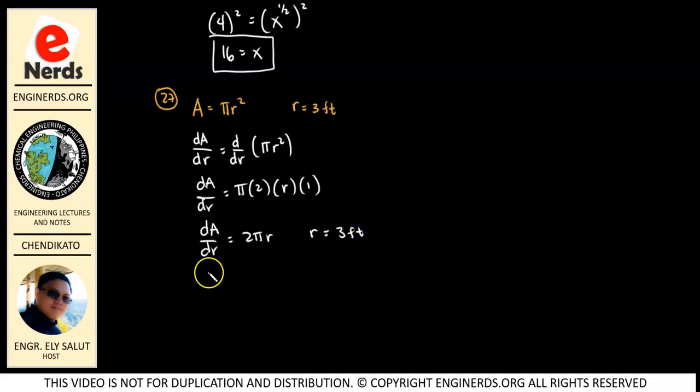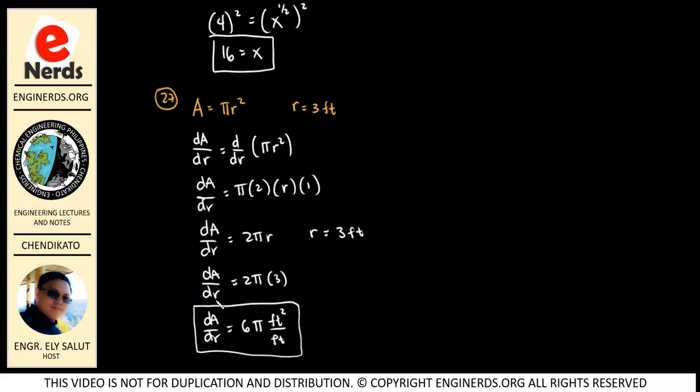Okay, so substitute natin yan, dA over dr is equal to 2 pi times 3. Therefore, dA over dr is equal to 6 pi feet squared over feet. So, yan ang ating unit because we have an area which is in feet squared and our denominator radius which is in foot. So, this is our final answer.